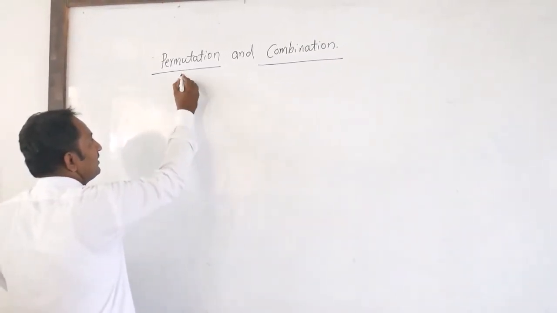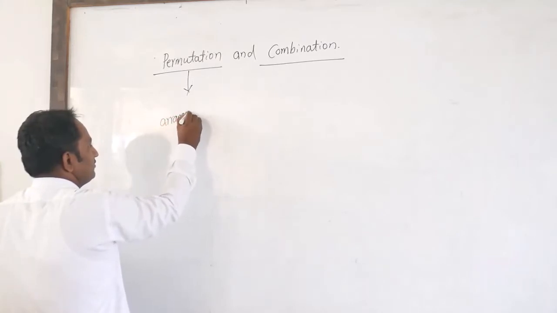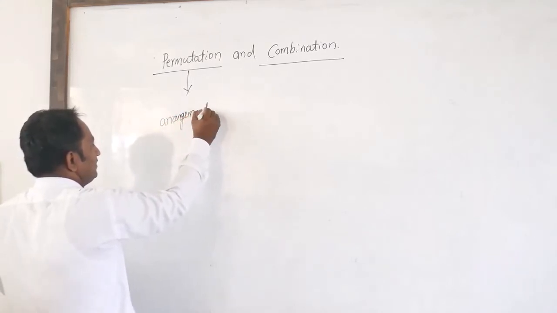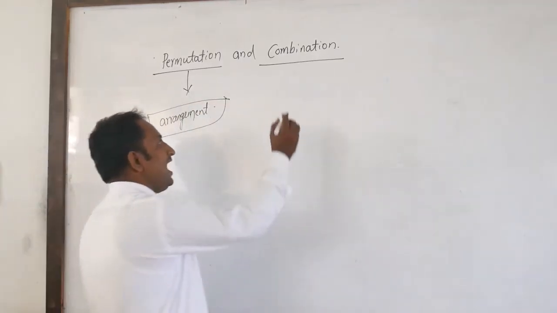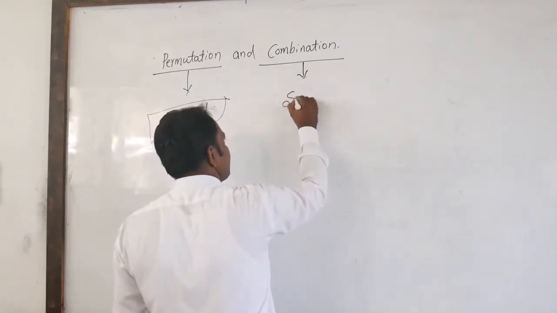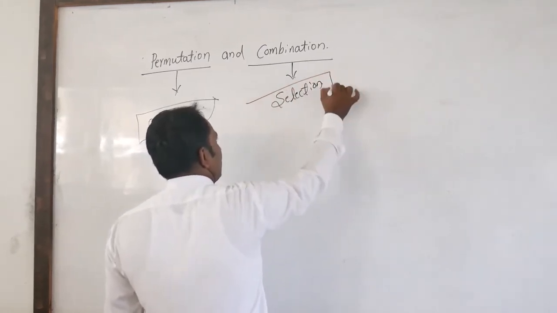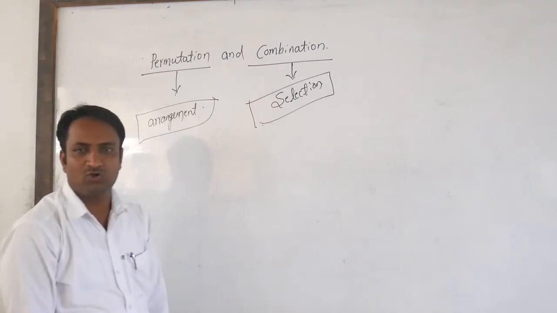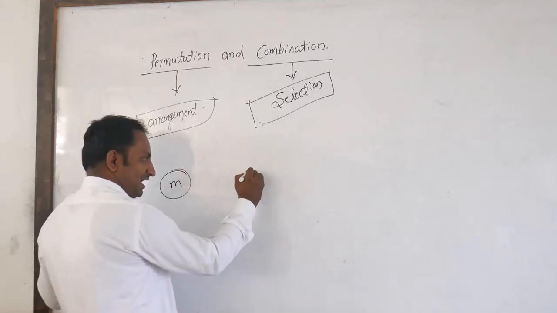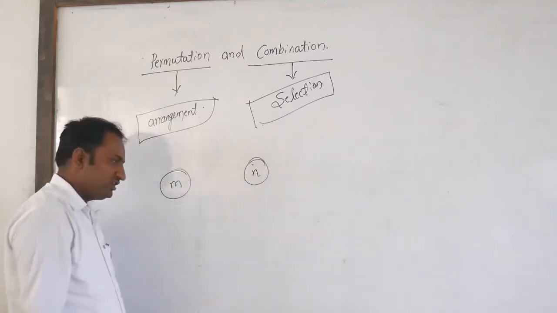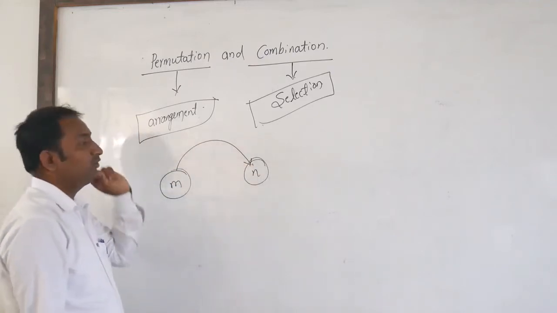Permutation means arrangement. Arrangement is called permutation, and selection is the combination. Consider m things and n things, in which m things are arranged with n things, this is called permutation.